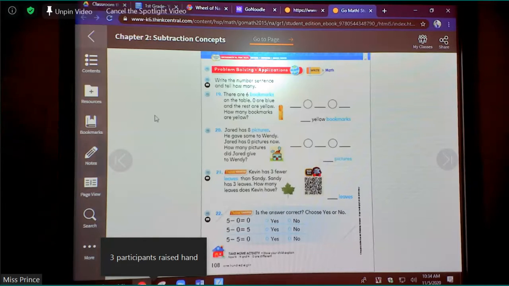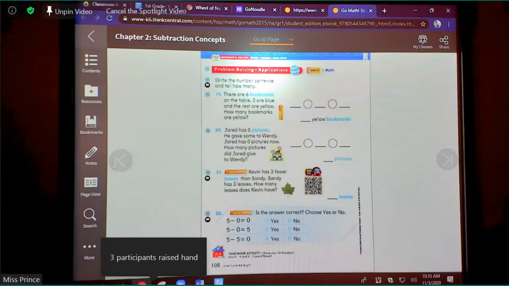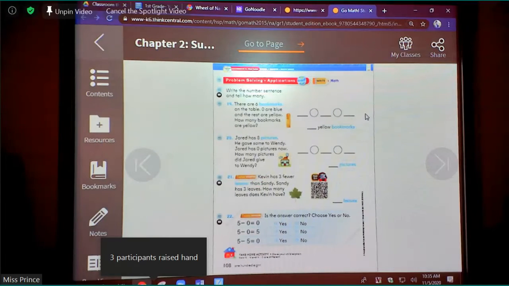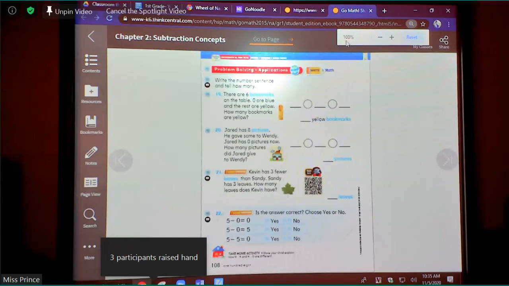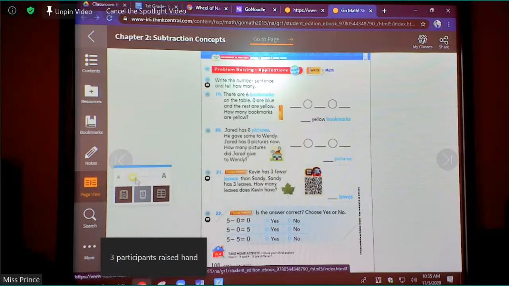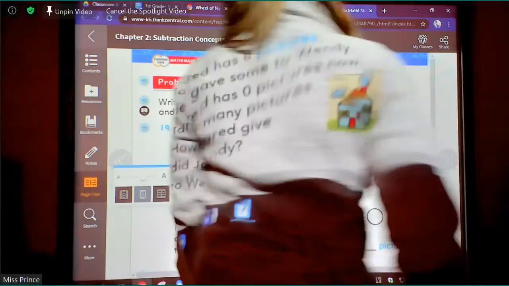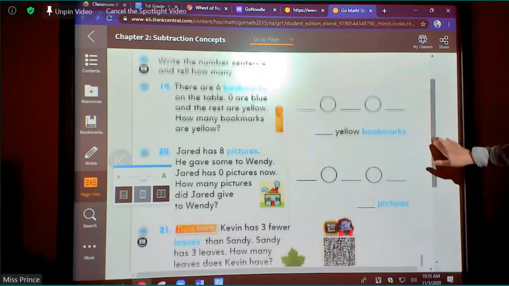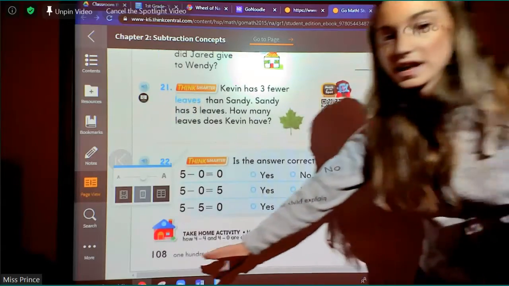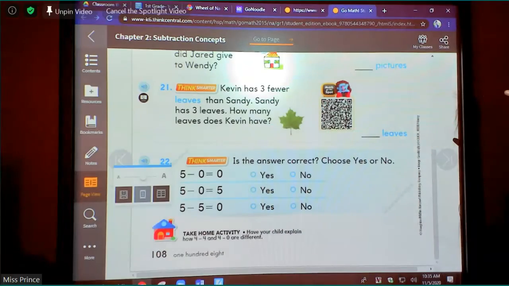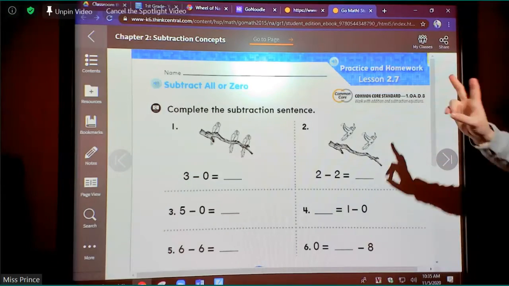So tomorrow, you are going to be doing this page with Miss Cheatham. This is page 108. Do not work on this page right now. This is for when Miss Cheatham works with you. Then, you guys have 2 pages of homework.